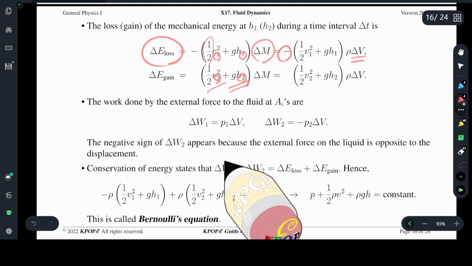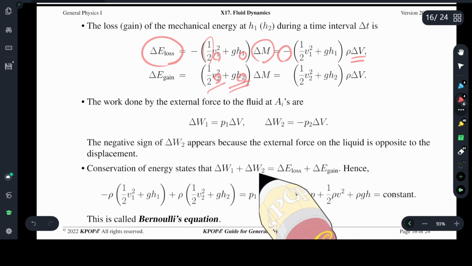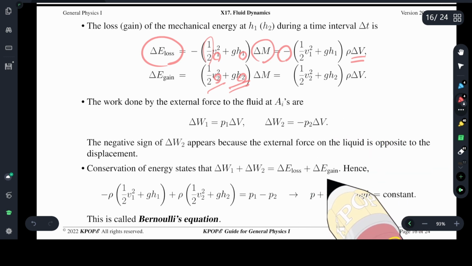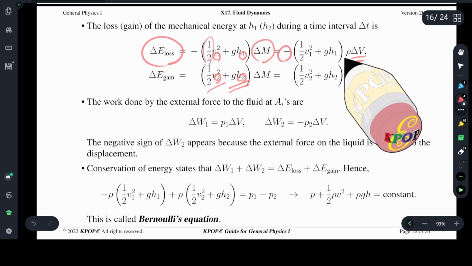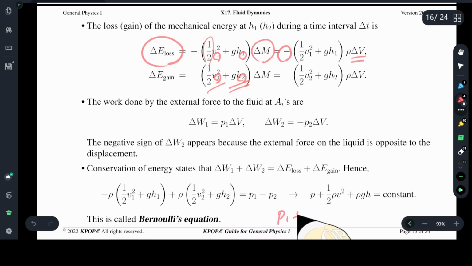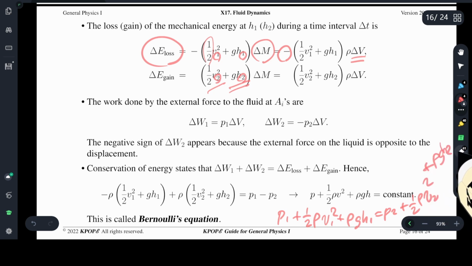The work from the outside is the gain of the energy, total mechanical energy. So if I sum everything all together and rearrange the terms, everything with the subscript, single subscript on a single side, we find that P1 plus 1/2 rho V1 squared plus rho g h1 equals P2 plus 1/2 rho V2 squared plus rho g h2.